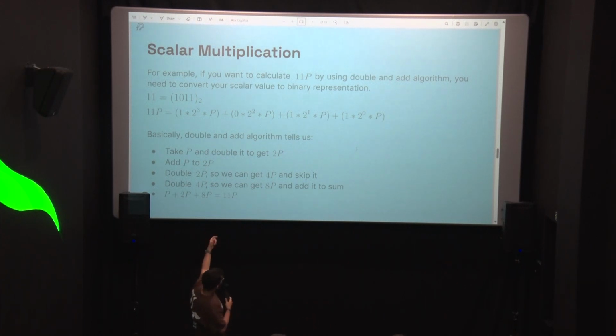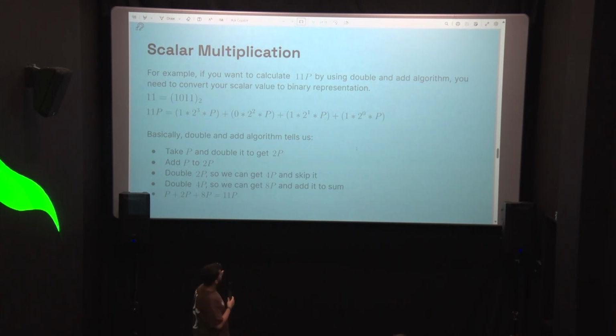If it's 1, take double your P and add it inside the bag. So you got 3P in your bag. And if the next one is 0, just double it, you get 4P, but don't put it inside your bag. And the last one is 1, and double this 4P, it's 8P, and put it inside your bag. So you will get 11P.